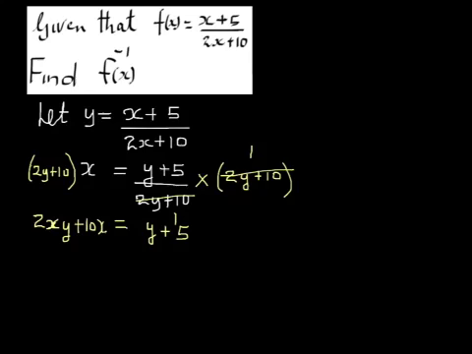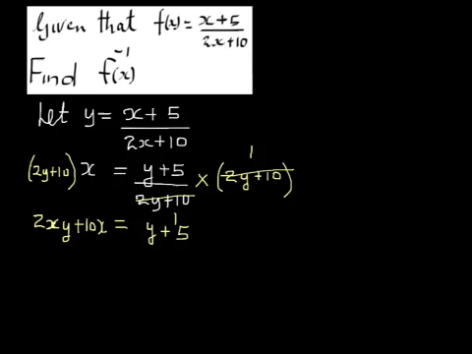Now we are making y the subject of the formula, so we need to get the y term on one side of the equation. So in this case, we need to take y both sides here to get the y term on one side of the equation.